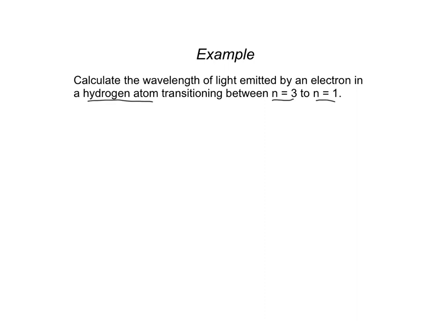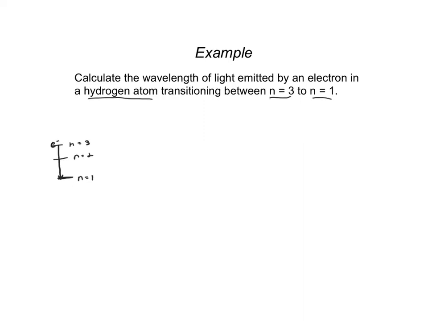So we can imagine we drew out our little energy diagram here, that we have n equal 1, n equal 2, and then n equal 3. And right now we have our little electron. It's in the n equal to 3, and it's going to the n equal to 1, right? So what we're looking at is this difference in energy between these two states.